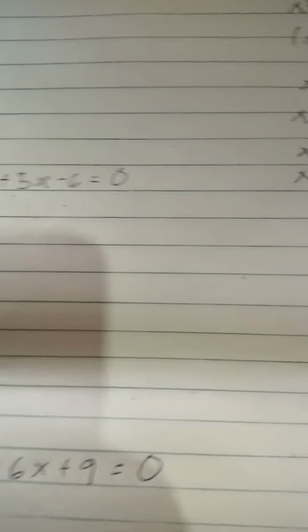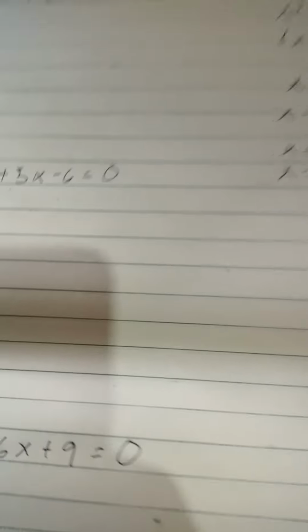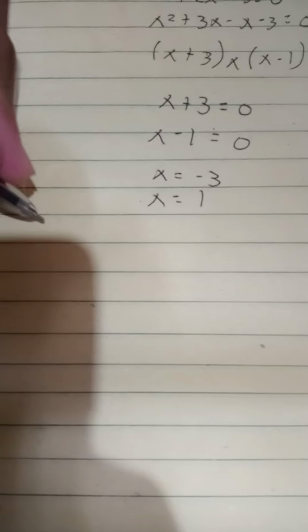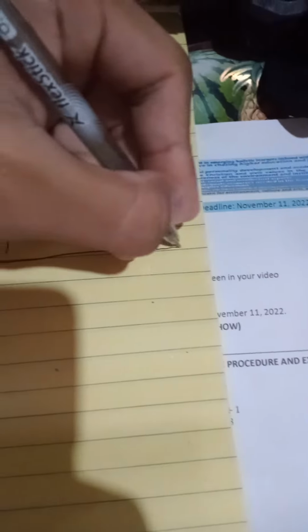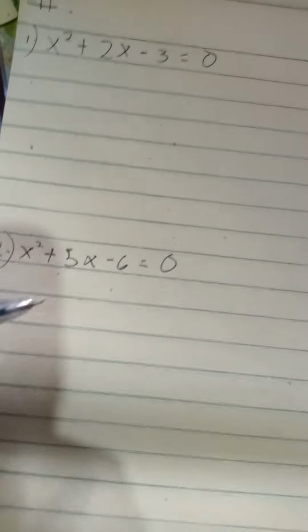So same process as earlier: rewrite the expression. You just have to do this. This is number 1, this is number 2. Our question in number 2 is x squared plus 5x minus 6 equals 0.